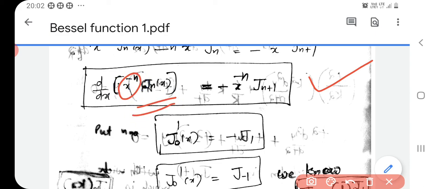Then suppose I put n equal to 0 here, this term will become 1, then we have J0 prime of x equal to minus J1. Okay, and minus J1 we know is equal to J minus 1, the first property of the Bessel function that we have seen.